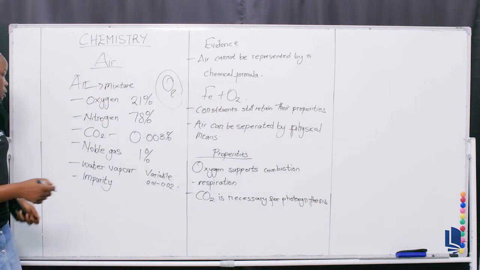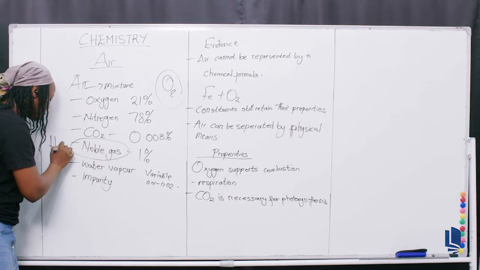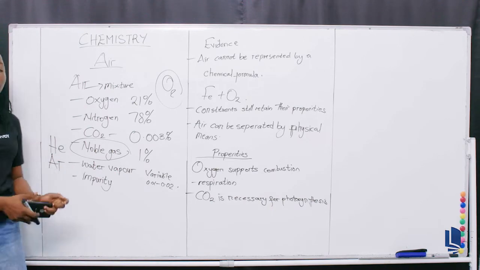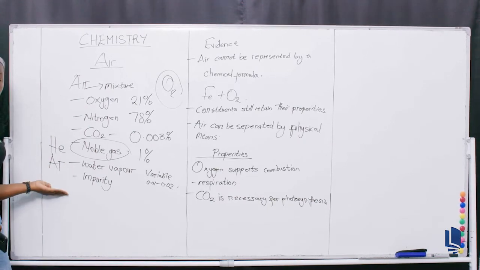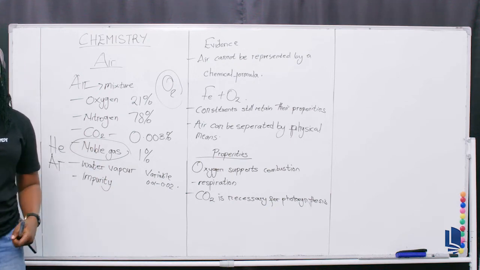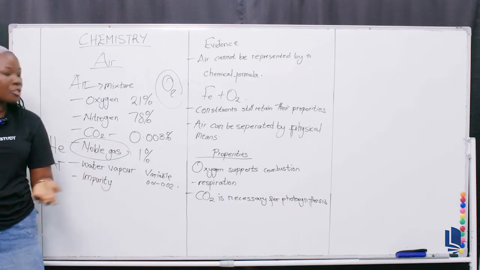Let's move on to noble gas. The noble gases present in air are helium and argon. Helium is used in filling balloons, and argon is used in electric lamps. So water vapor, we all know water, uses of water varies from household to industries to companies to factories.